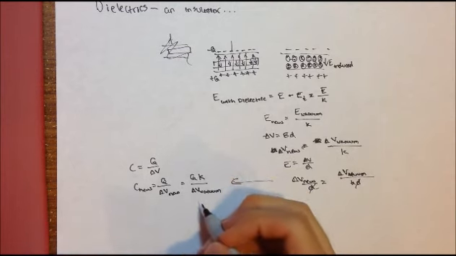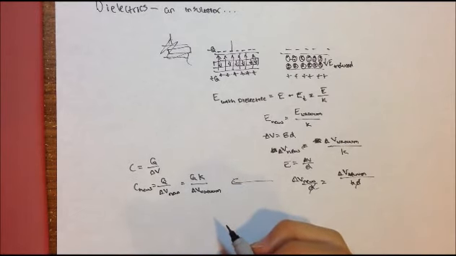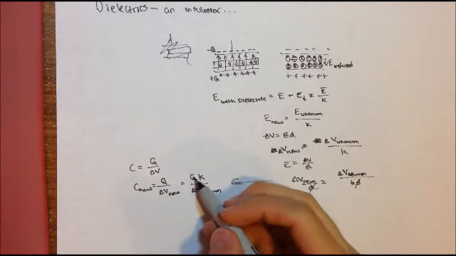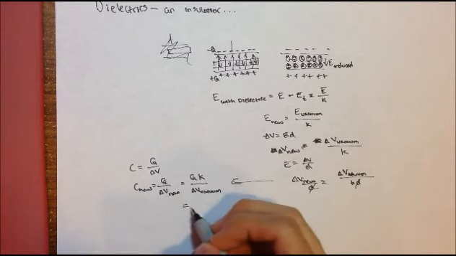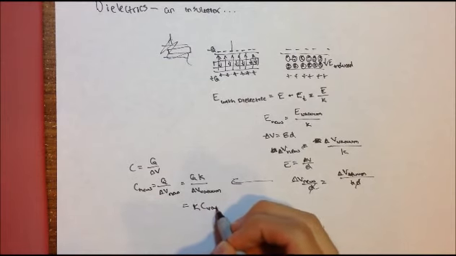And as we already established before, Q over V vacuum is equal to C vacuum, and so C new is equal to kappa K C vacuum.